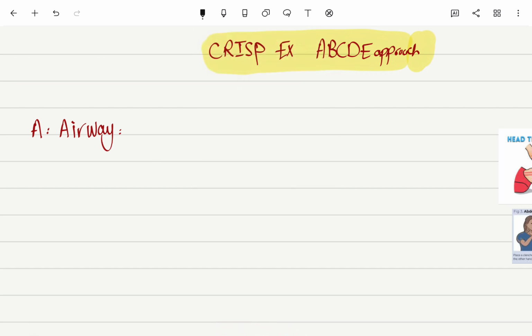I will start by looking at the airway to see anything that obstructs the airway, like a foreign body or a large tongue.